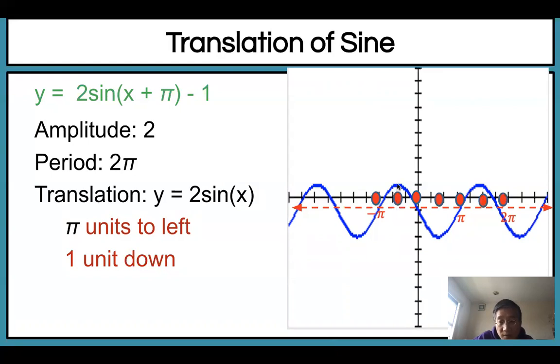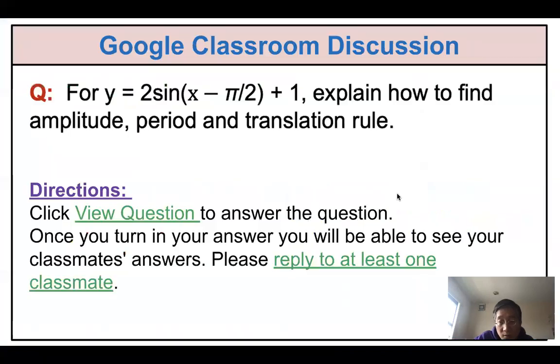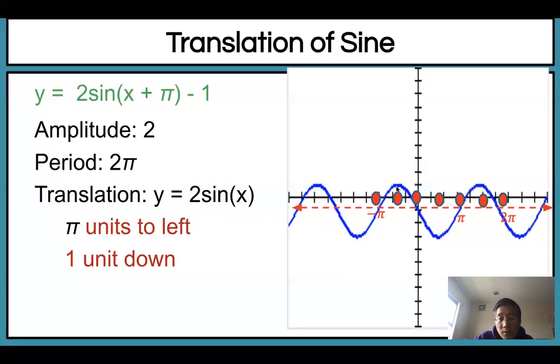So from here to here is 2 units, so 1. From negative 1 to 1, right? And then another interval, what happened? Go down to the center line. And then another interval, keep going down and go back to the center line.